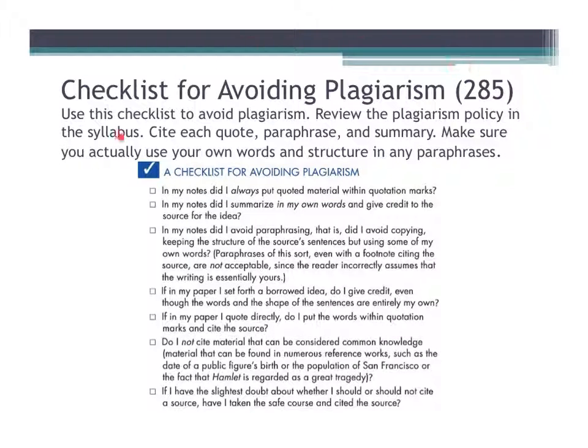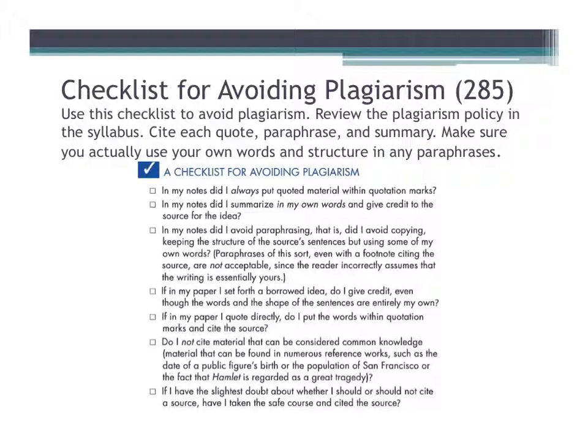A checklist for avoiding plagiarism. This is really important. I'm going to give you the option to do a self-plagiarism check using the college's plagiarism tool. But that's not a guarantee. You have to make sure that you cite every quote, every paraphrase, and every summary, that you use your own words and structure in any paraphrase, and that all quotations include quotation marks.